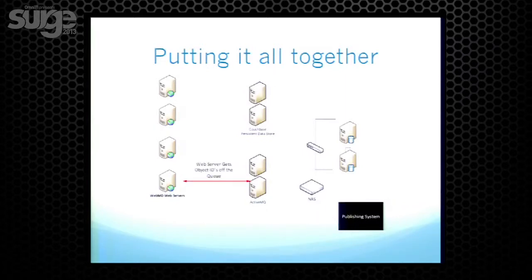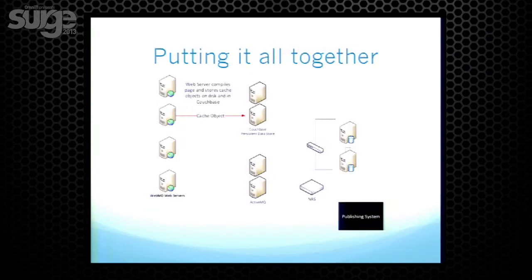The web servers pick off the IDs from the delete queue and then delete their local cache for them. They also take the IDs from the fetch queue and then go to Couchbase to fetch the new content that was published. Then it will recompile the page and recompile any of the widgets that need to be compiled as well.